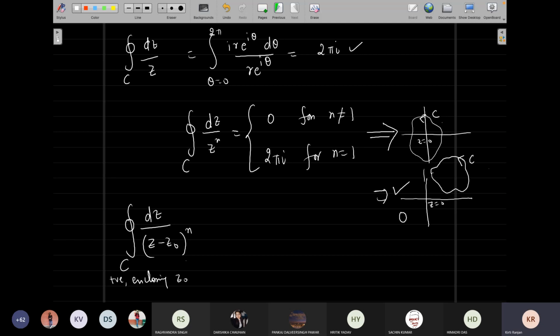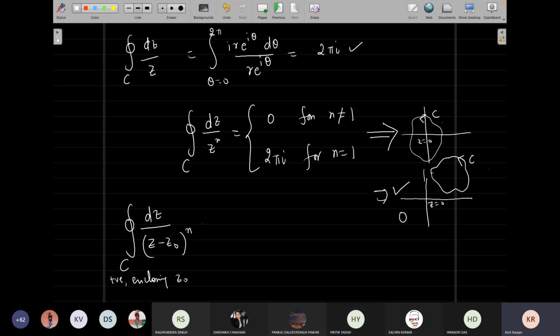What will be the result? Can you give this result? Sir, I think we'll have to take the contour around z equals 0 then. Yes, instead of z equal to 0, you are now taking z naught inside.